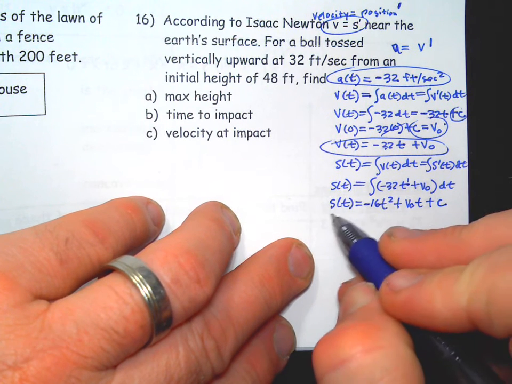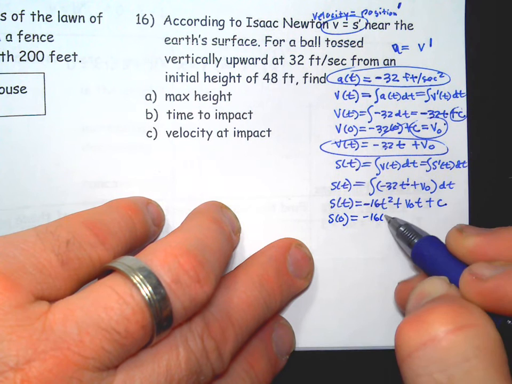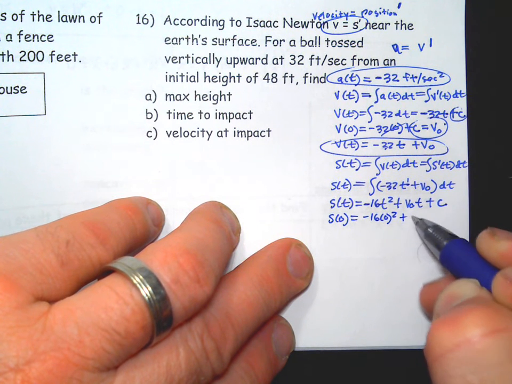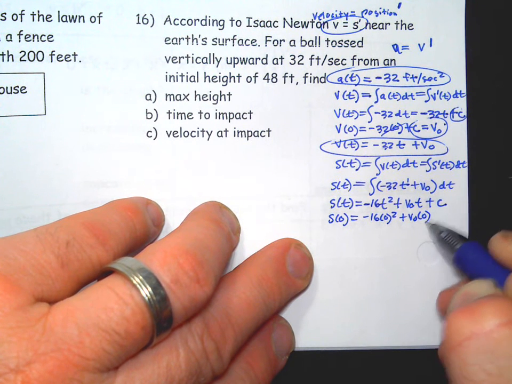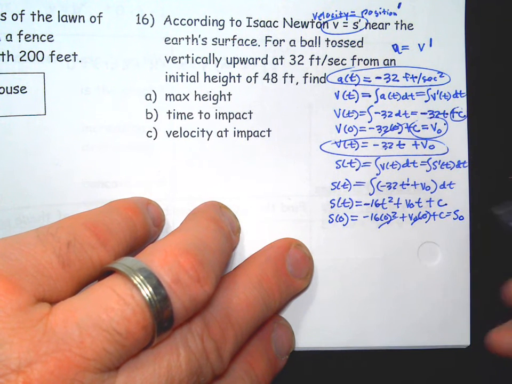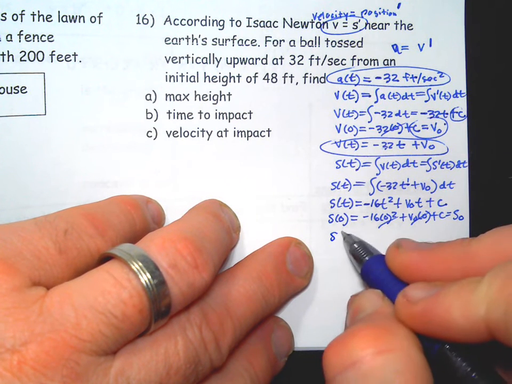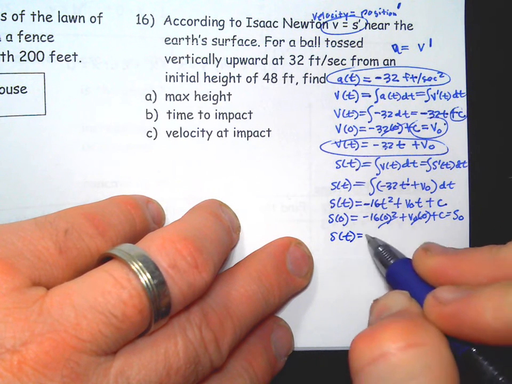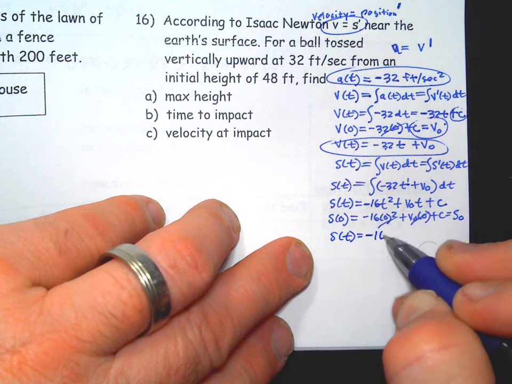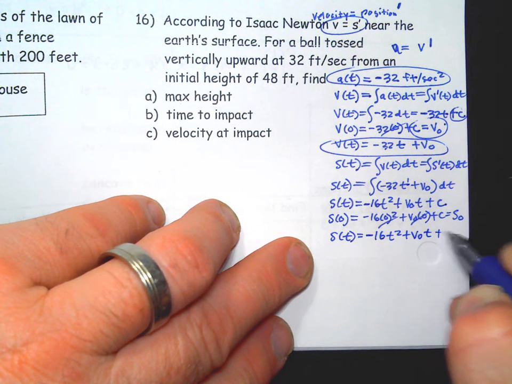And the way we find it often is by plugging time 0 in to the position equation, because it causes all these other things to drop out. And it equals what we call the initial position, or S naught. So our equation now for position due to gravity, vertical only, is negative 16 t squared plus v naught t plus S naught.